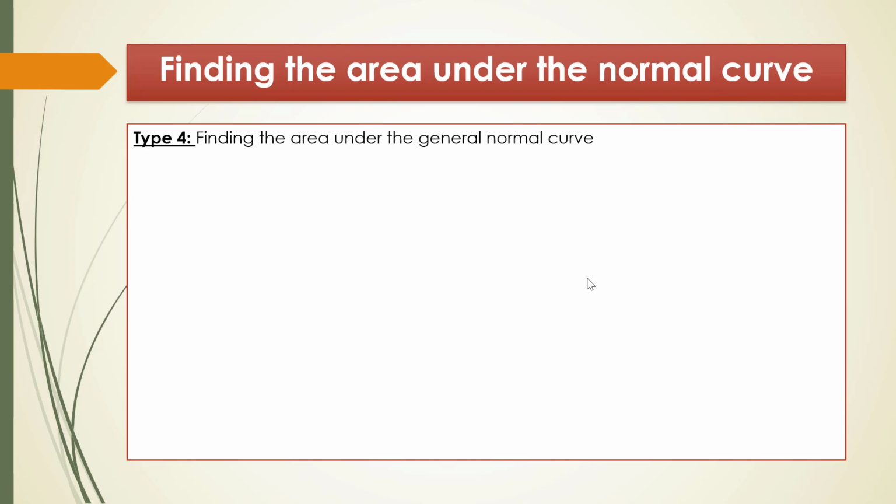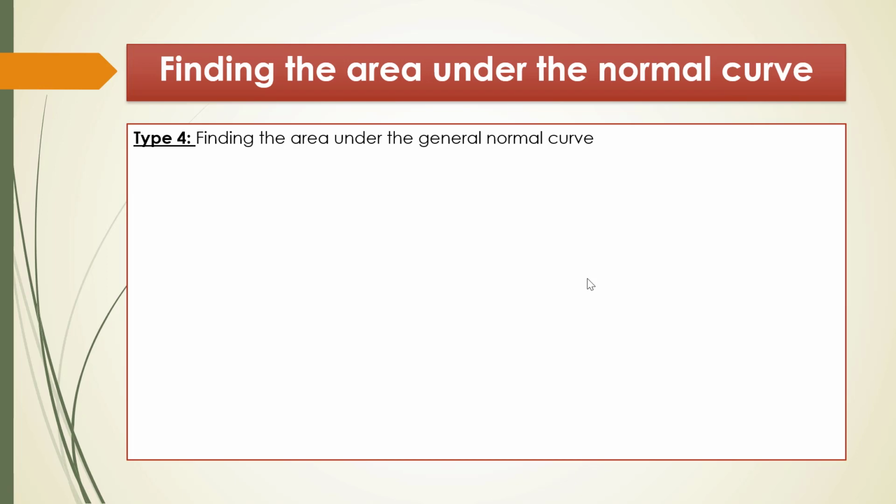general normal curve. So for type 1, type 2, and type 3, we were working with the standard normal distribution. Now for type 4, we are working with the general normal curve.